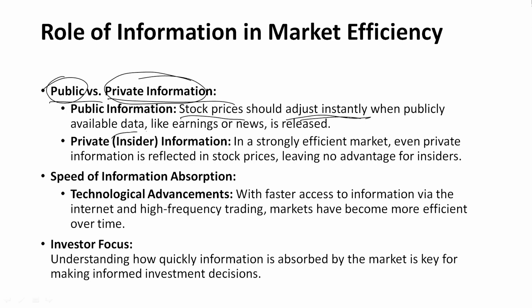The reason is that the information is released in the news. Whereas when you talk about private information in an efficient market, the private information is also reflected in the stock prices, but it takes extra time in comparison to public information.